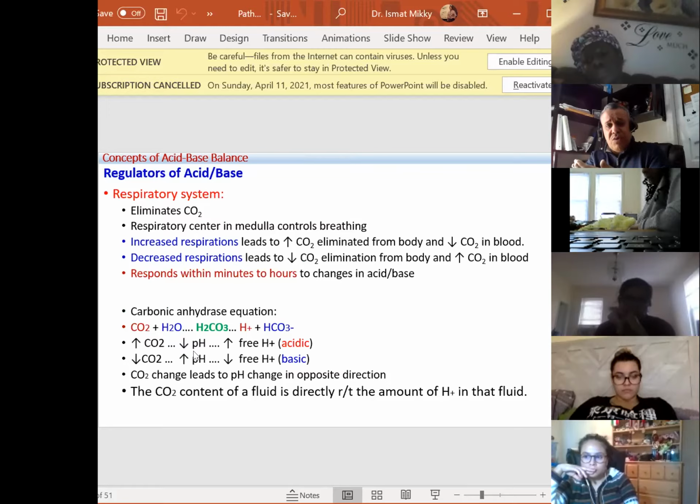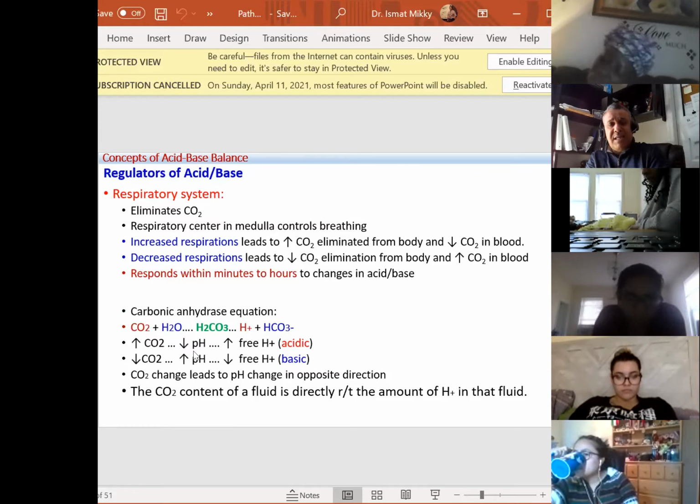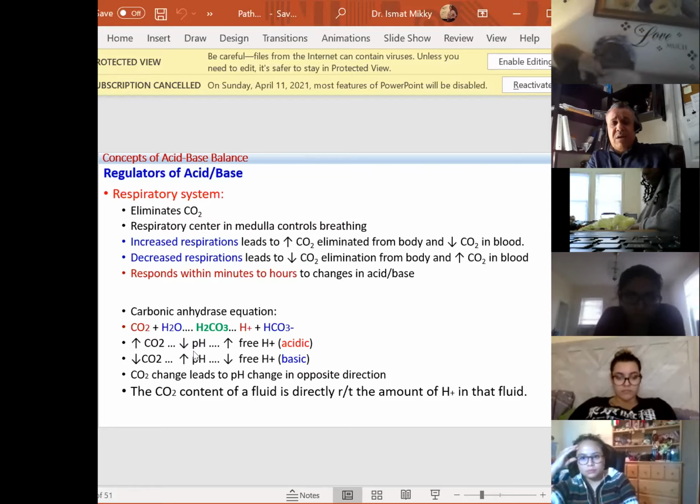We get rid of the CO2 because that's the source of acid in this case. So in metabolic acidosis, the lungs compensate by increasing the rate of breathing per minute so that the patient blows off more CO2, and once we decrease the CO2 level, that resolves the acidosis.